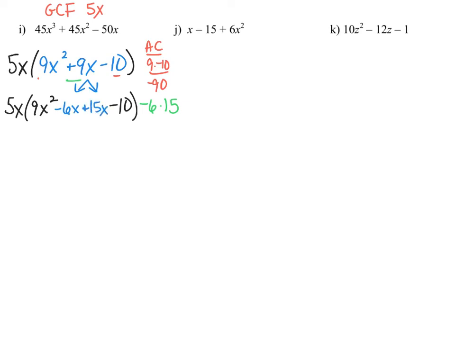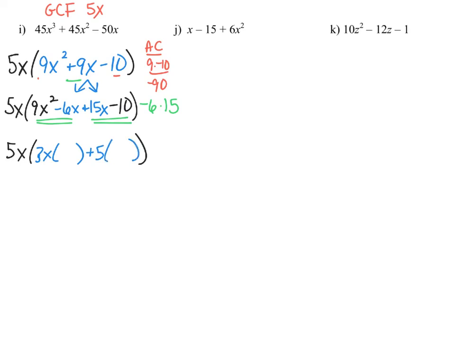Keep that 5x way out in front, that greatest common factor, and then the polynomial inside the parentheses we factor by grouping. The greatest common factor of the first two in that group is 3x, and the greatest common factor of the last two terms in the parentheses is 5.